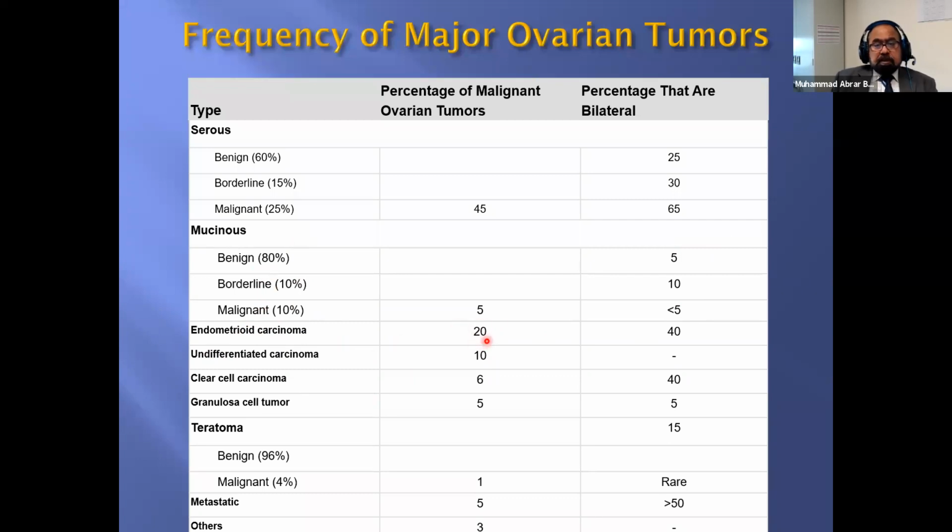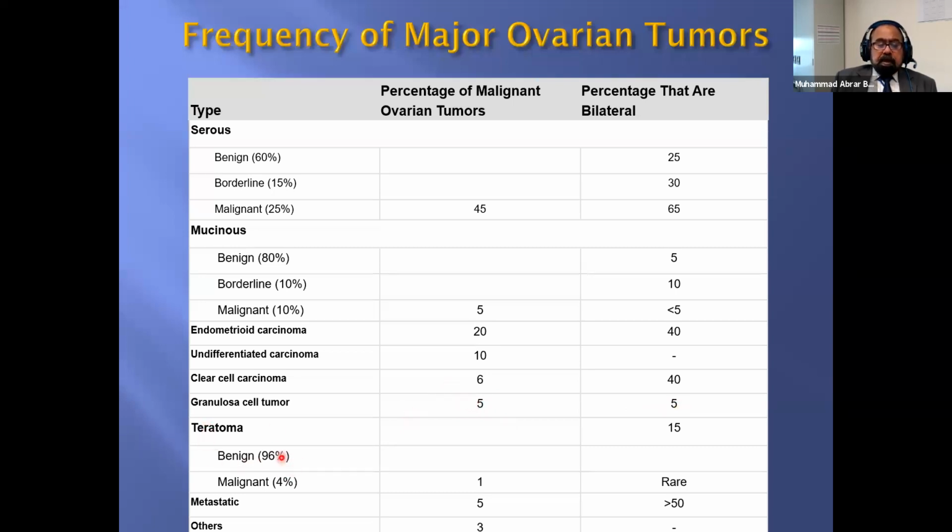So they are 20% of all ovarian tumors, and 40% are bilateral. Clear cell carcinoma, 6% malignant and 40% bilateral. Granulosa cell tumor, 5% are malignant, and only 5% are bilateral. So in granulosa cell tumor also, the malignant potential is more.